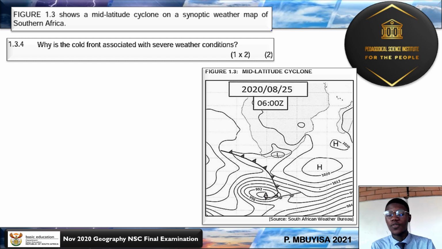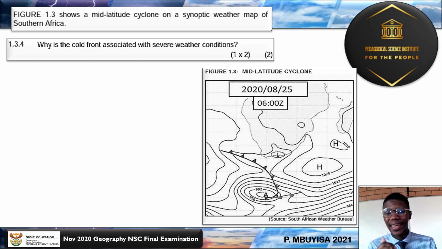Now, in front of the cold front, due to the presence of the warm sector, when cold air comes and meets the warm air from the warm sector, the cold air will always sink, and when it sinks, it pushes the warm air upwards rapidly.